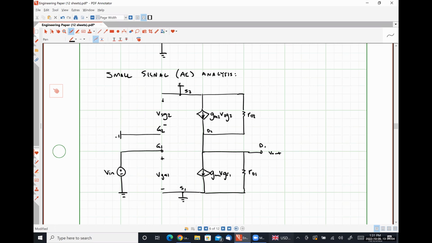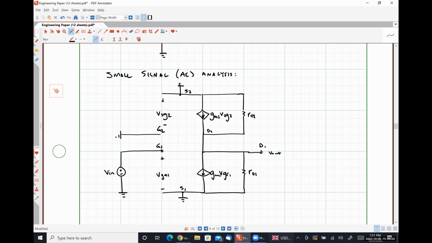Yeah, so because the source terminal of our PMOS transistor was tied to our DC power supply, and we're doing a small signal analysis, all of our DC voltages look like a short circuit to ground as we turn off those DC voltage sources, right?